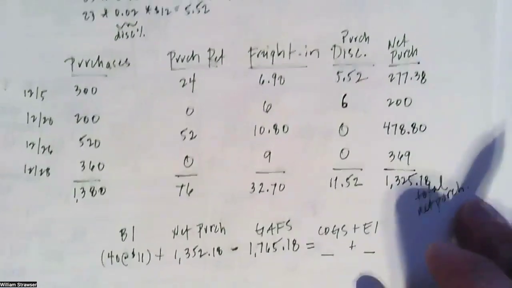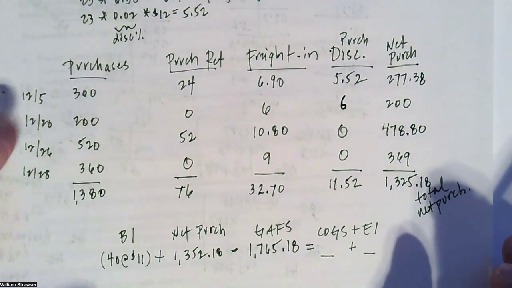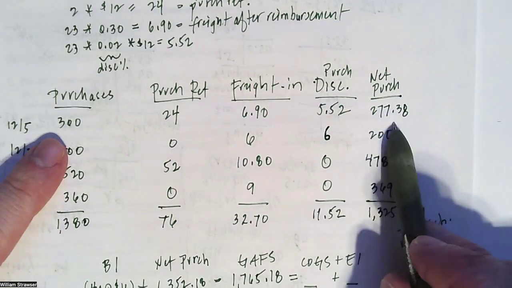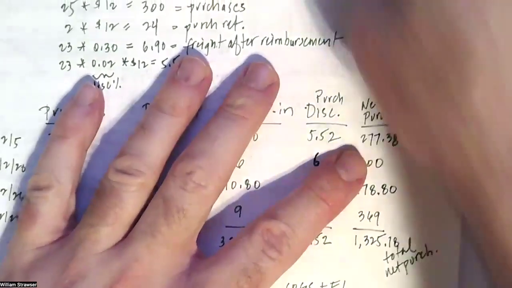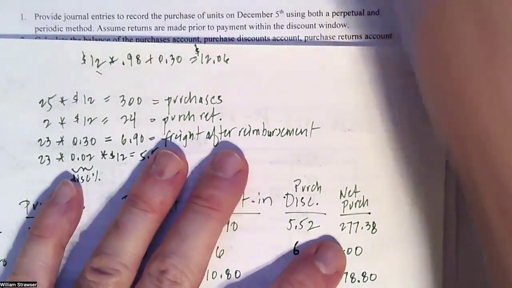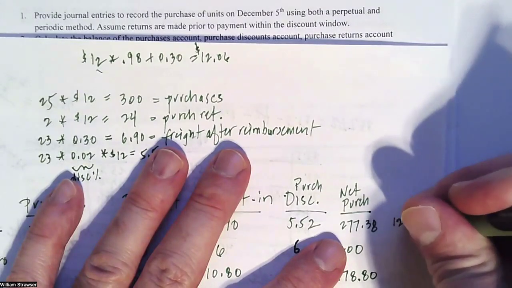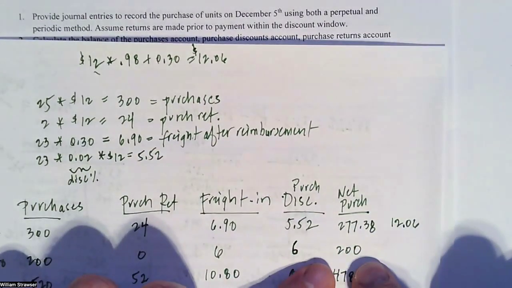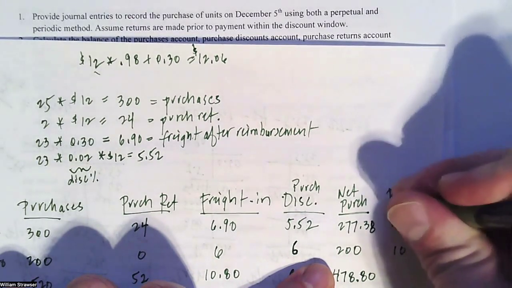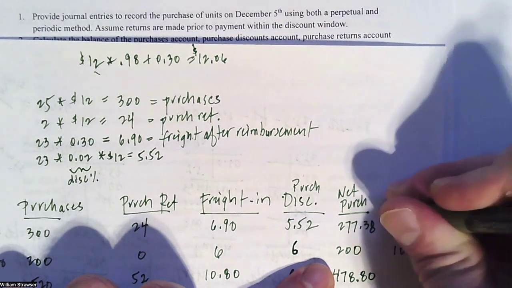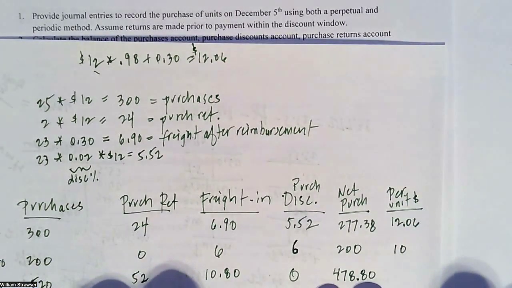So useful stuff. The other things I can do here, right, is determine a price per unit for each of these. In this case, the units kept were 23. If I divide 23 into that, I get a per unit price of 12.06. Here, I purchased 20 and didn't return any, so I got a net per unit price of 10. 478.80 represents 36 units after I returned 4 of the 40.